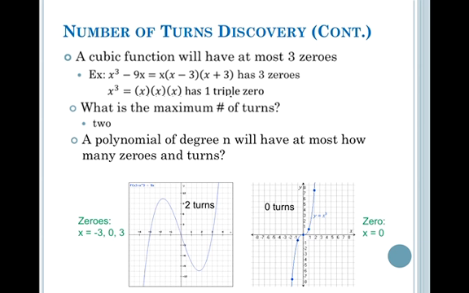So the pattern seems to be that the degree and maximum number of zeros match each other, and then the maximum number of turns is going to be 1 fewer than the degree. So if the degree is n, we would say it would have at most n zeros and at most n minus 1 turns.